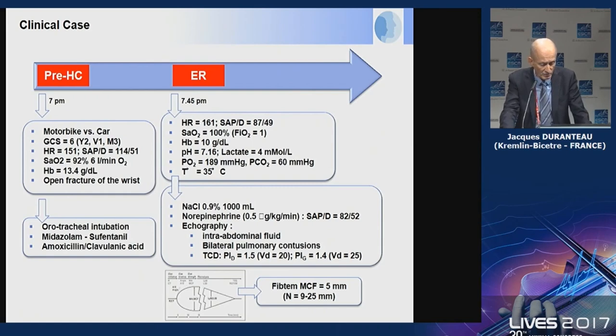During the pre-hospital phase, the patient received 500 milliliters of saline, and we pursued this and gave 1 liter of saline. But as it failed to restore arterial pressure, we started norepinephrine, and it was not very efficient.